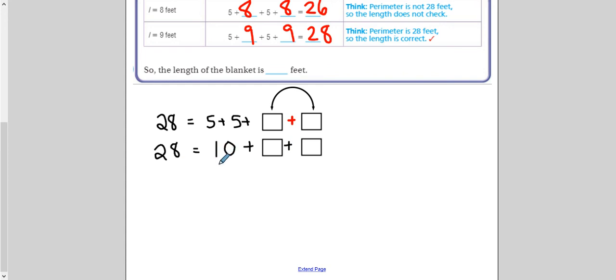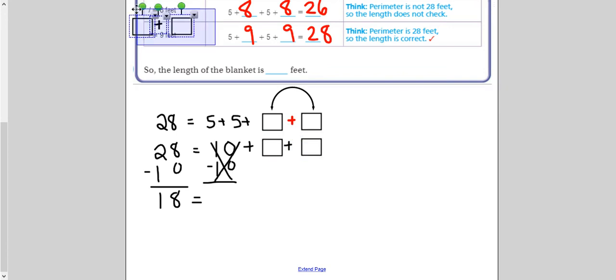So I'm going to go ahead and subtract my 10 right here, get this out of the way, and I have 18. When I subtract 10, that essentially gets rid of that so that I don't need that anymore. So I'm left with 18 equals whatever is left right here.